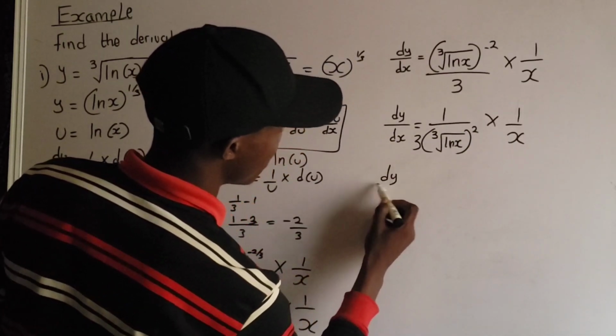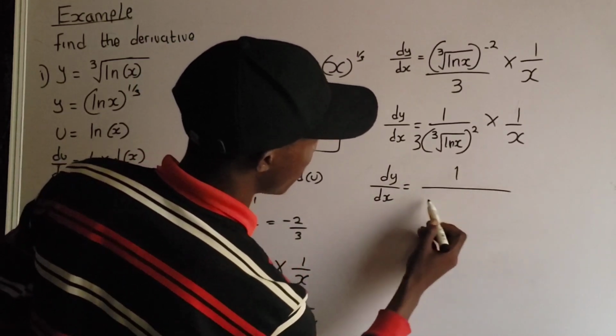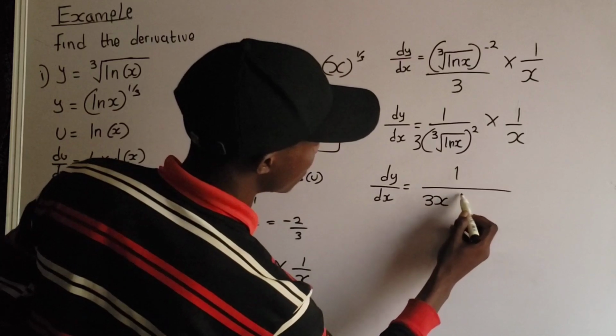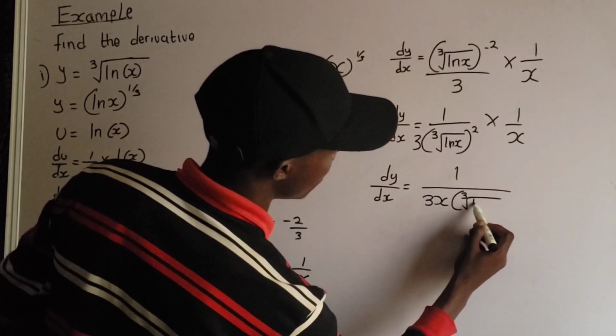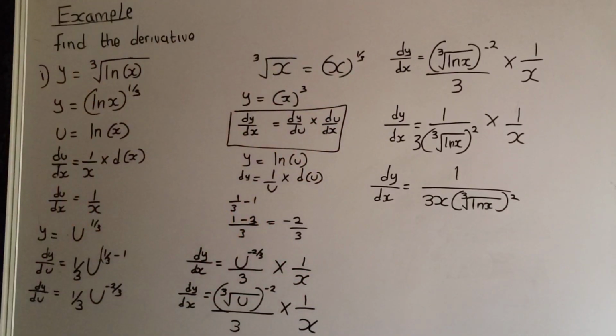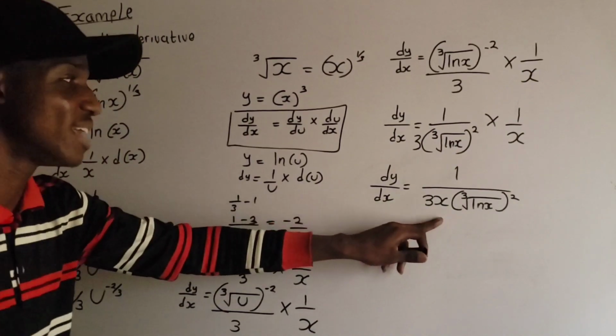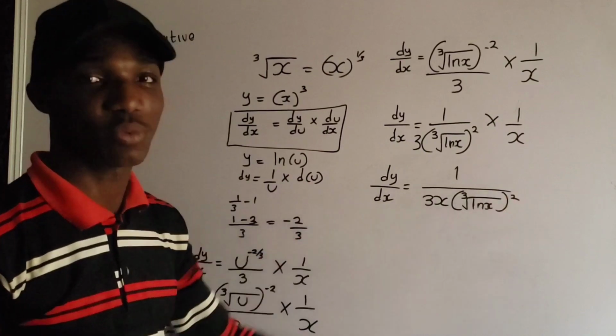You understand? So dy over dx is 1 over 3x times the cube root of ln x raised to the power of 2. So the derivative of y is 1 over 3x multiplied by the cube root of ln x raised to the power of 2.